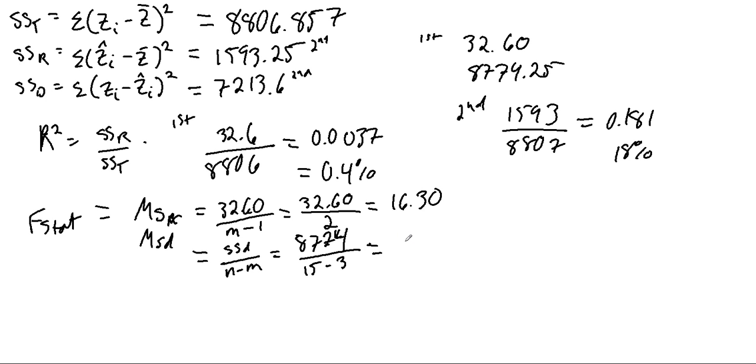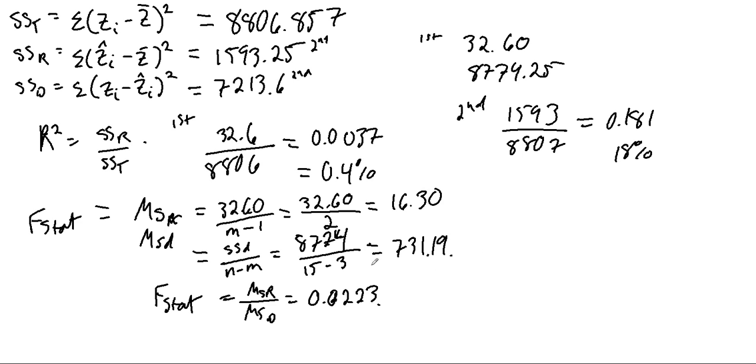So then that gives me an answer of 731.19. So for my first order, let's finish this up. My F statistic equals my MSR over MSD, and that equals 0.0223. So this is first order.